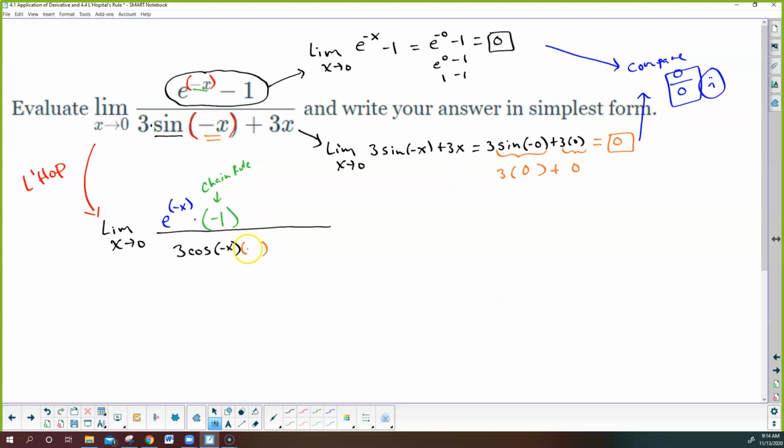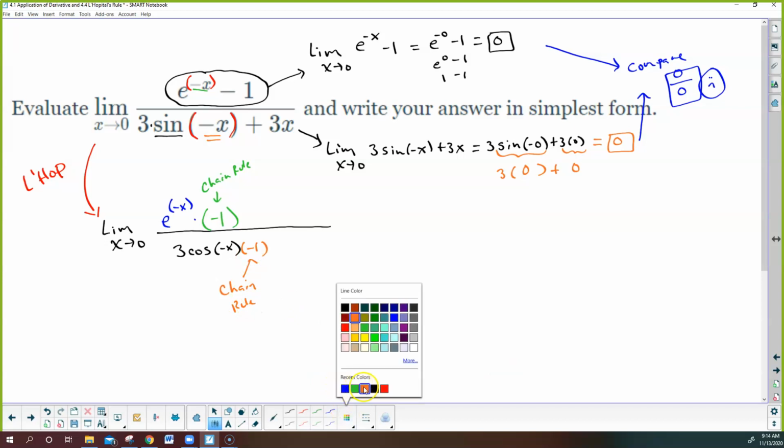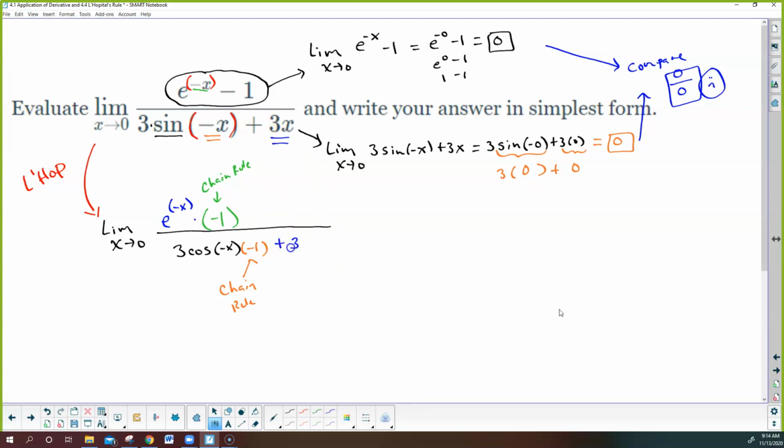And the derivative of negative x is negative 1. So there's my chain rule again. But then I also have the plus 3x. I have to take the derivative of the plus 3x, which is just 3.